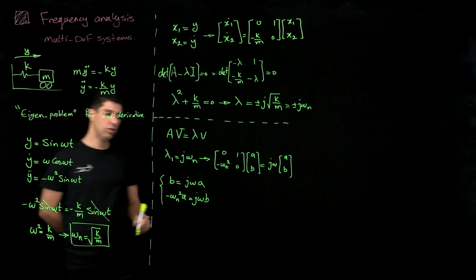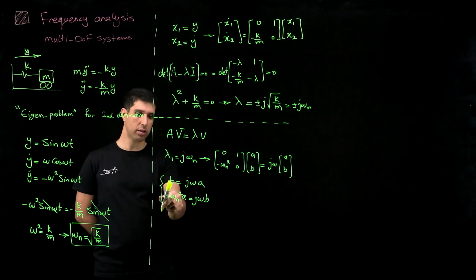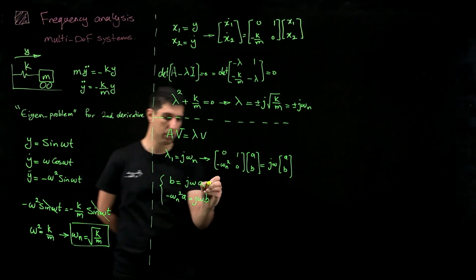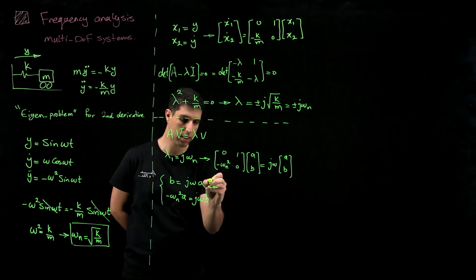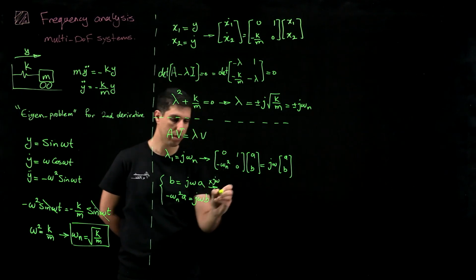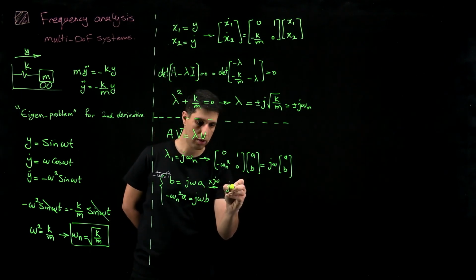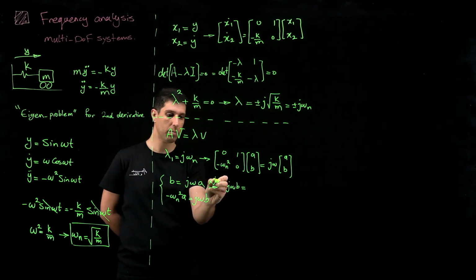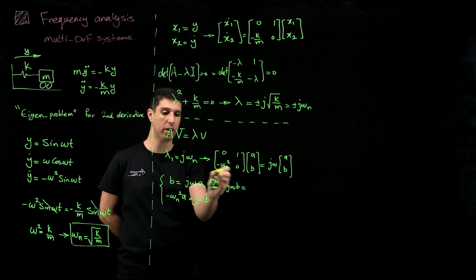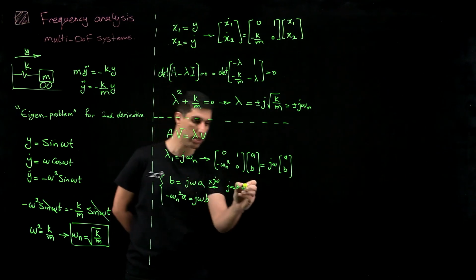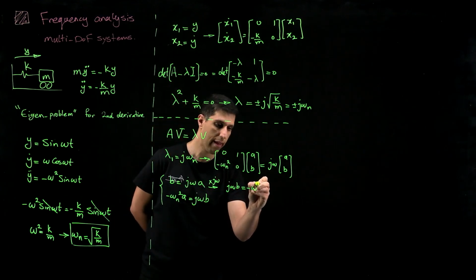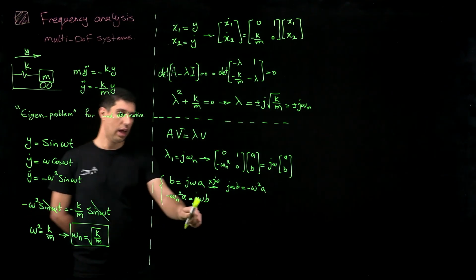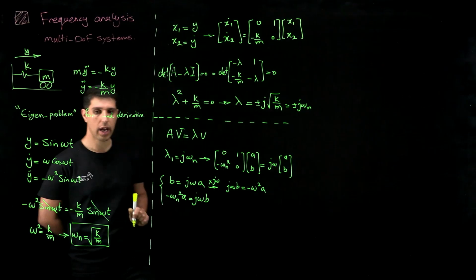And one thing to notice here, if I multiply the first one by j omega, I'll have j omega b equals j omega multiplied by another j omega, which will be omega squared times j squared, but j squared is minus 1, equals a, and it's the same equation I had before.